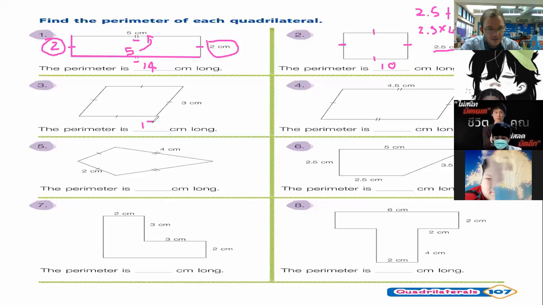Thank you, Tantan. If you look at the rhombus, it doesn't matter if it looks different than the square, because we don't care about the inside angles, if they are right angle corners or not. We only care about the length of each side. And this one is 3 centimeters, and we have 4 lines here. So we can take 3 multiplied by 4. It's going to give us 12 centimeters for the rhombus.